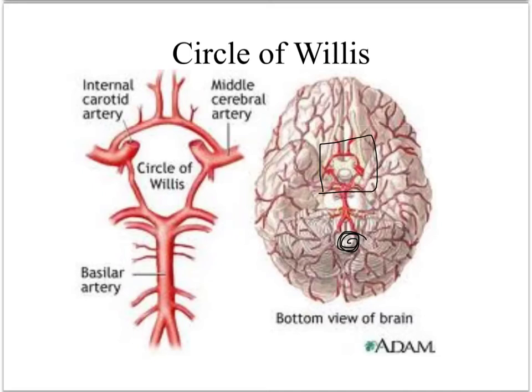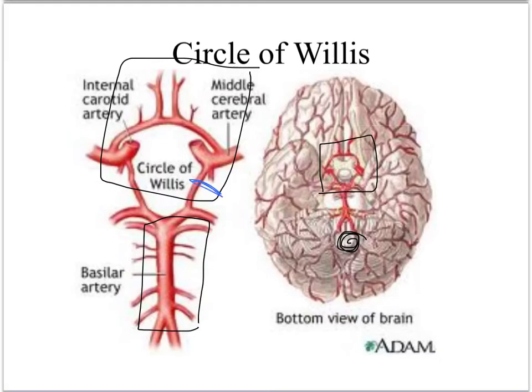It is joining the basilar artery, which comes off the vertebral arteries, and the internal carotid and middle cerebral, which come off the external carotid vessels. So if you have a blockage in this area, for example, you've still got blood that can flow around to that area. Not always a perfect system, but I'm sure it has saved many people that we're totally unaware of.